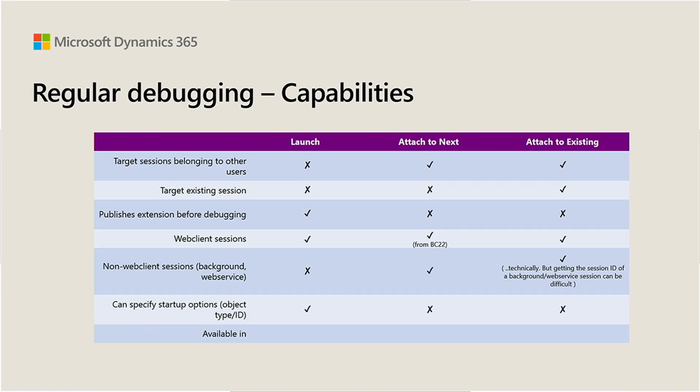Then only with launch, you can specify the startup option of object ID and object type. So when you launch the browser, it will open that object, so you can start debugging. And then launch and attach to next are available for all versions of BC, and attach to existing is something that we have added from BC 22.